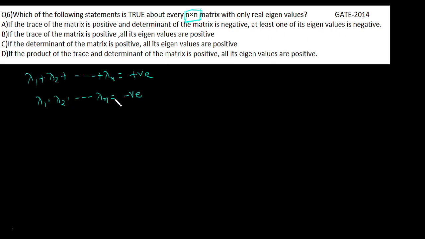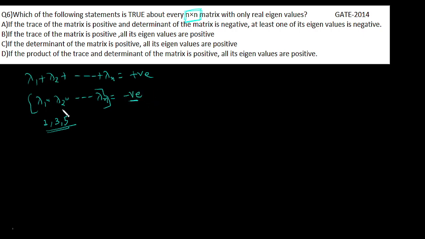The determinant is negative, which means the multiplication of these n values gives a negative number, so at least one of these n values must be negative. It is possible that one, three or five values are negative, an odd number of them, and then the multiplication gives a negative number.